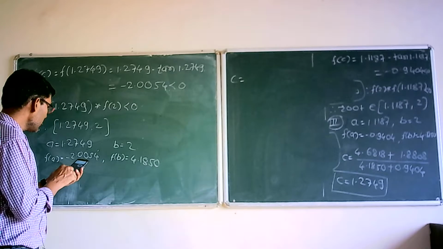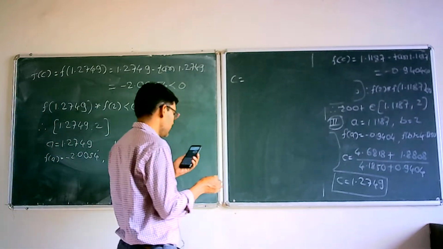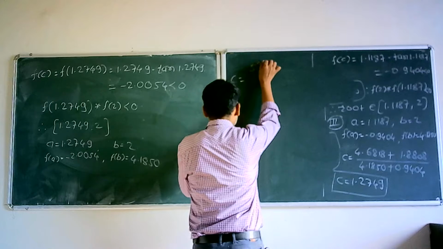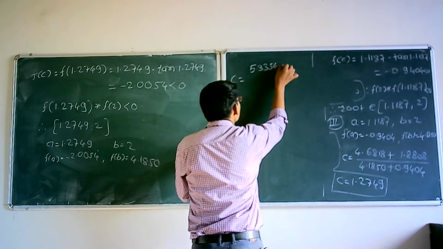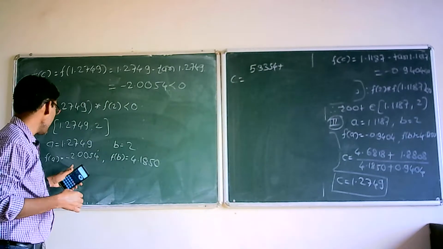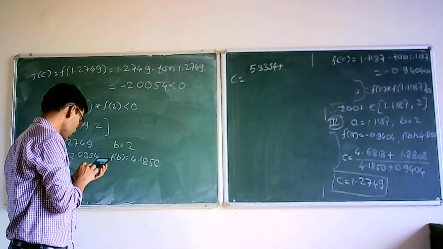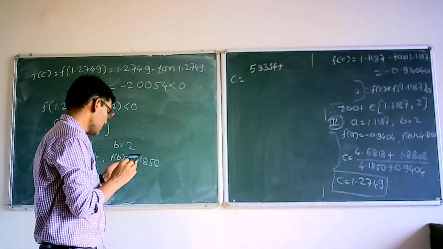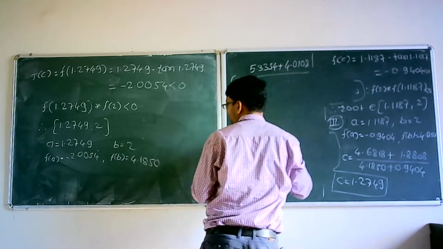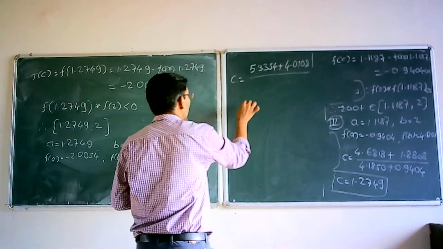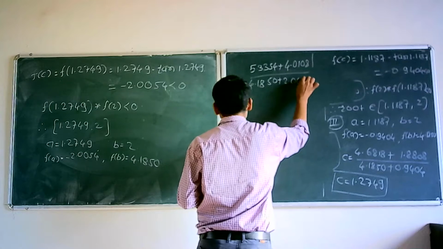So 1.2749 into 4.1850 is 5.3354, plus 2.0054 into 2, which is 4.0108, divided by f of B minus f of A, that is 4.1850 plus 2.0054.